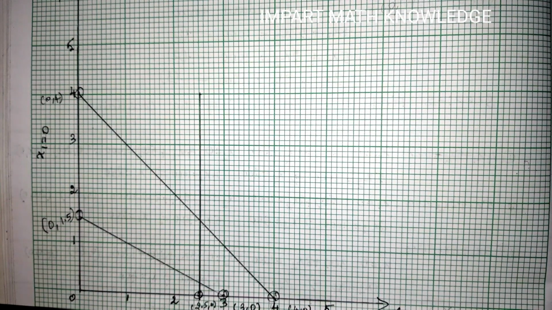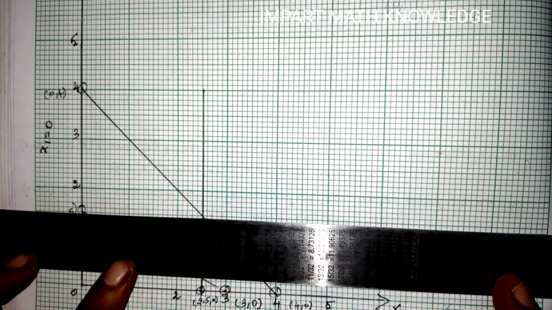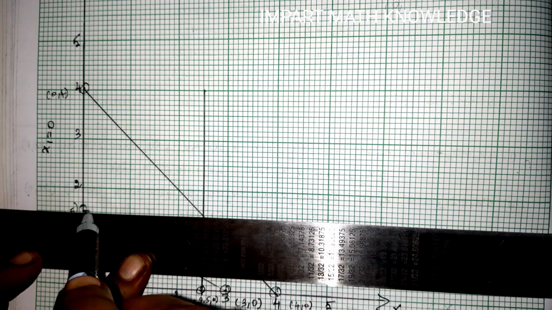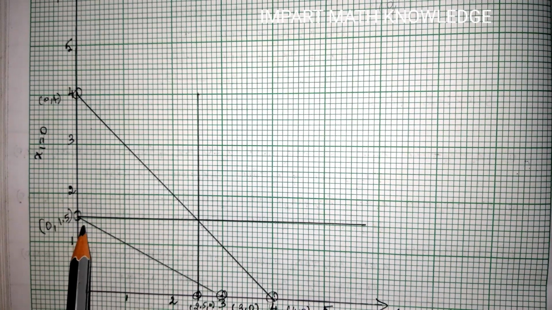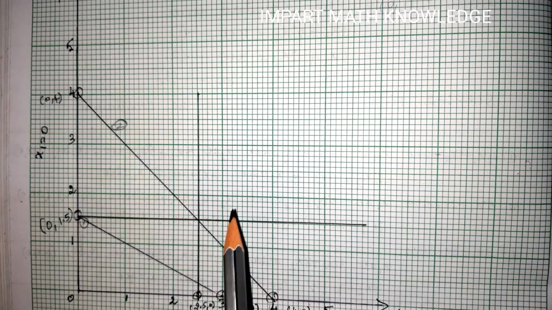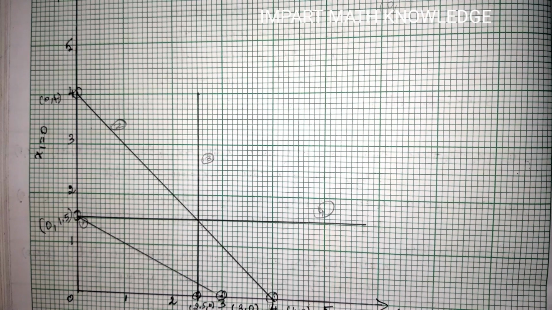For the fourth constraint, we have only one coordinate, 0 comma 1.5, so you have to draw a horizontal line. This is the first constraint, this is the second constraint, the third constraint, and this is the fourth constraint.